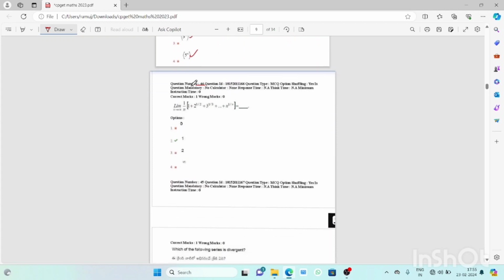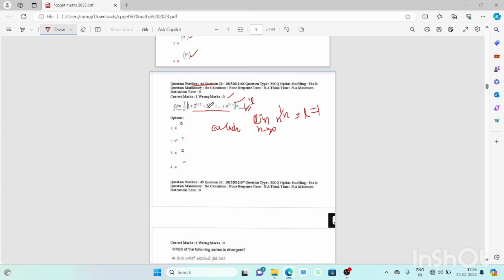And the 44th one is, limit n tends to infinity of 1 by n into 1 plus 2 power 1 by 2 and so on up to n power 1 by n. If you remember the statement of Cauchy's first theorem of a sequence, we can directly say that the value is 1, because Cauchy's first theorem says that whenever the limit n tends to infinity of a_n goes to some L, the whole of these terms will go to L. So we can say that this term goes to 1.